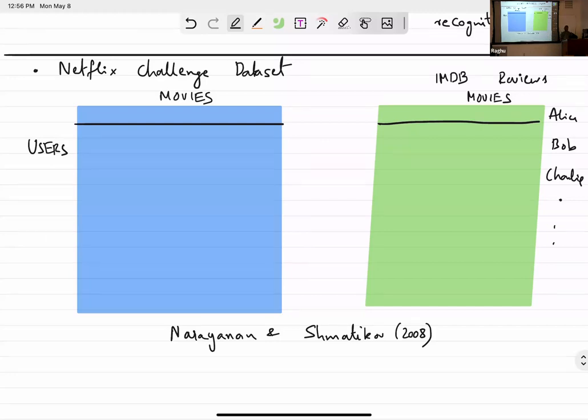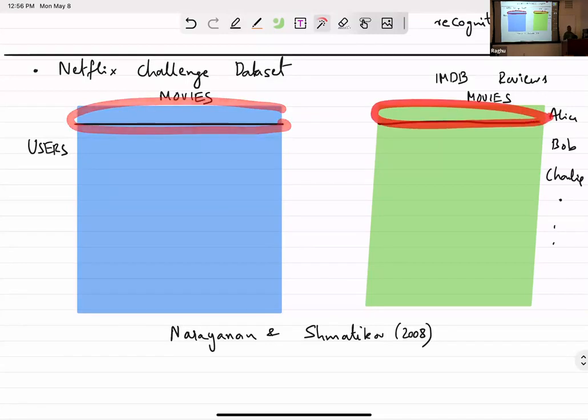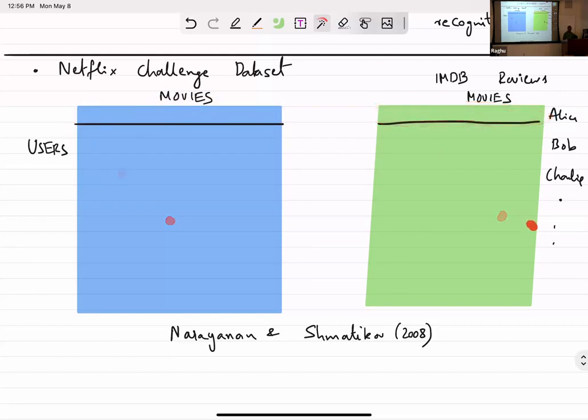Okay. And by playing some simple tricks and matching the ratings, they could identify users between these two databases. For a significant number of people, they could identify which rows in this anonymized data set corresponded to which rows here. Even one person's leak is atrocious, but they could do it for many, many people.